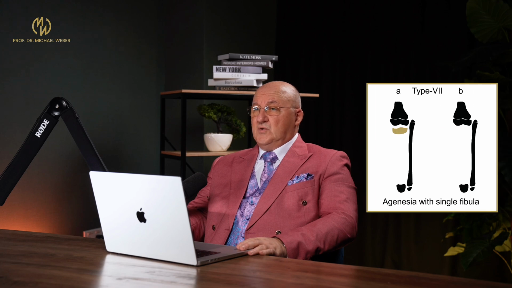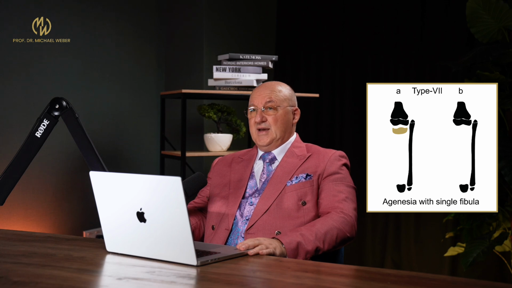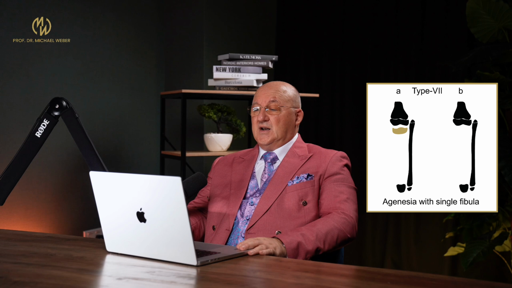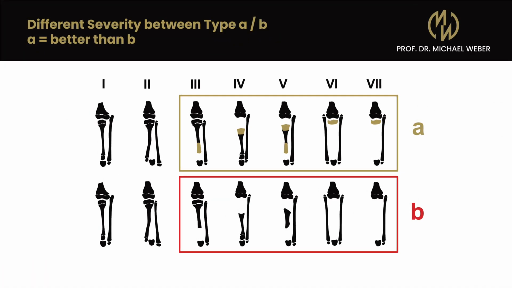And lastly type 7, which occurs also in type B without any tibia and there's only one fibula, and type A where there is also only one fibula but with a cartilaginous Anlage. In other words, the 5 different forms from 3 to 7 are characterized with cartilaginous Anlage or without.